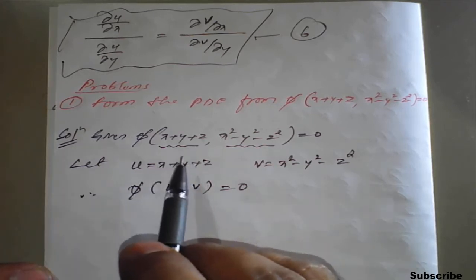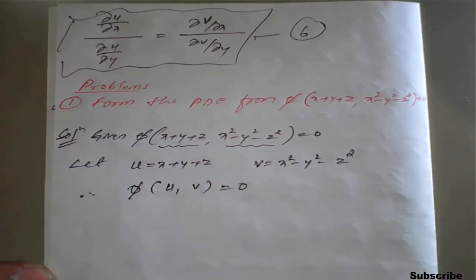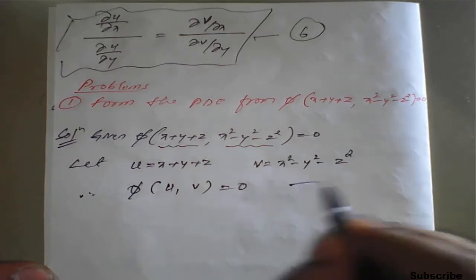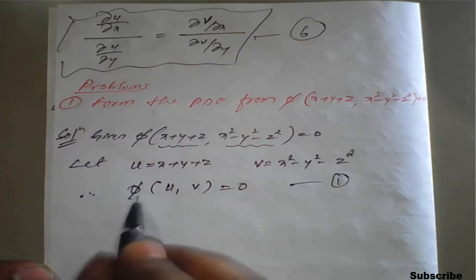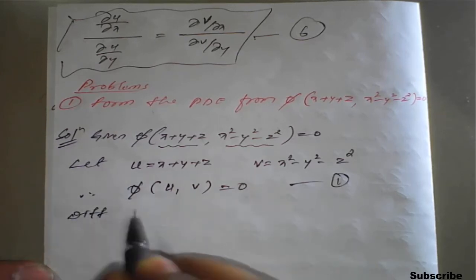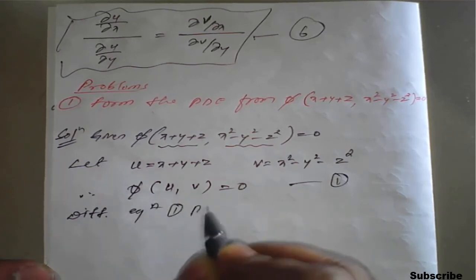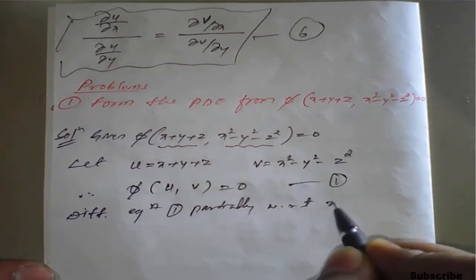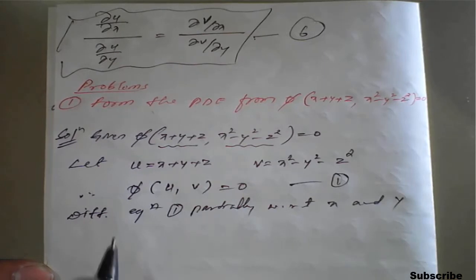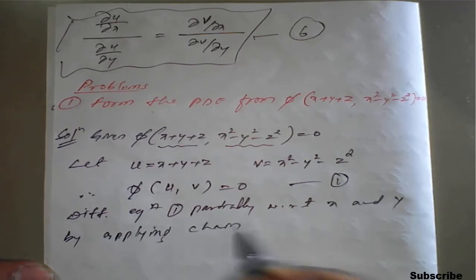So this equation, the given question, you give as equation number 1. So as we know that, differentiate equation 1 partially with respect to x and y by applying chain rule.